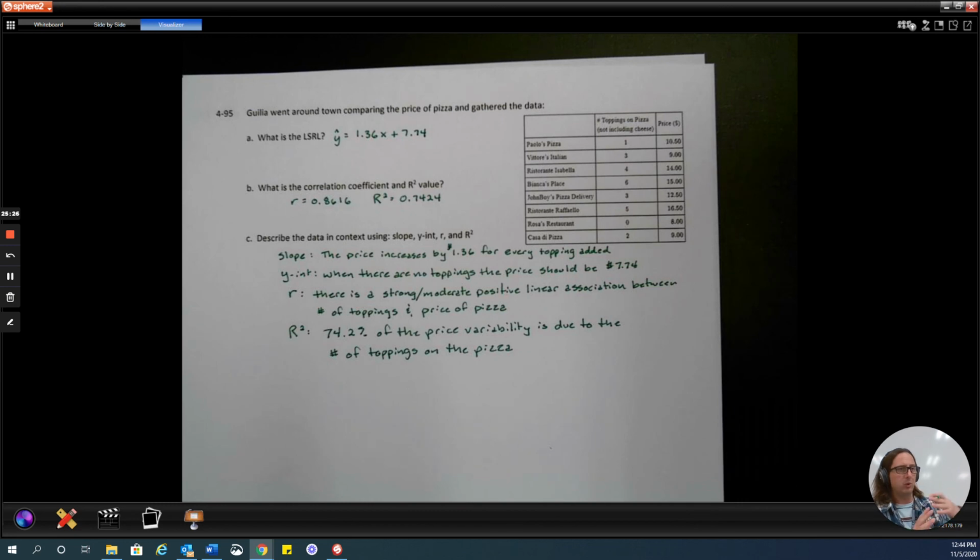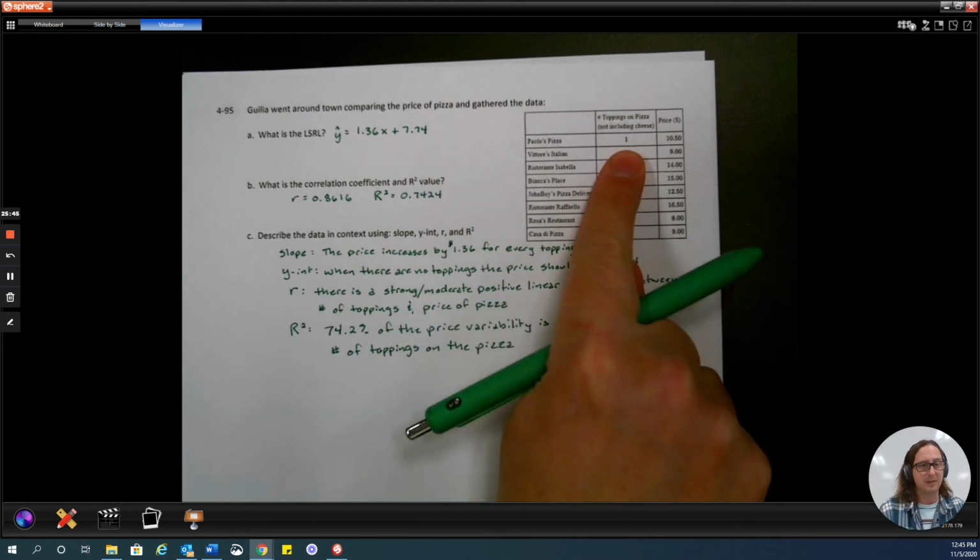So that would be where the other 26% of the variability is coming from. So there's some other lurking variables out there that could change the cost of the pizza based on the toppings. So there's other things out there, but most of the variability is due to the toppings on the pizza.